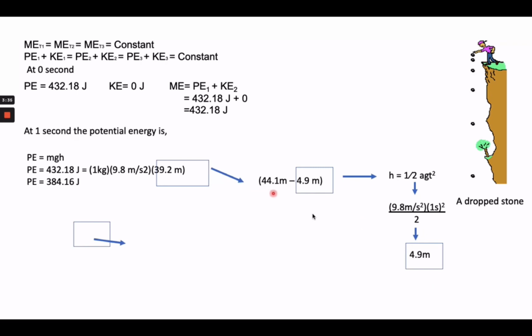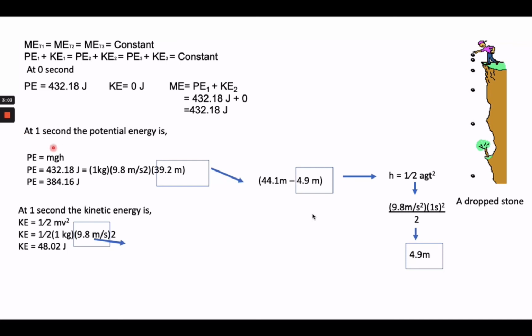So from the original height minus the 4.9 meters, that would give us 39.2 meters as the current height of the stone after dropping for 1 second. So we simply multiply, that would give us an answer of 384.16 joules. This is our potential energy at 1 second.